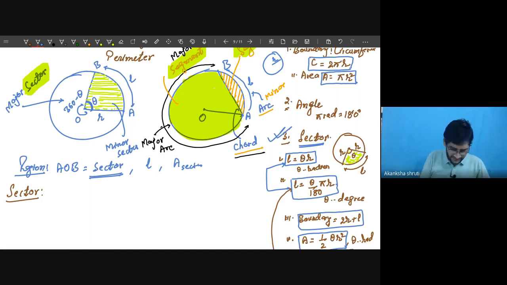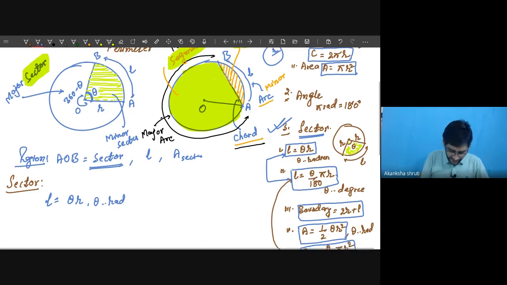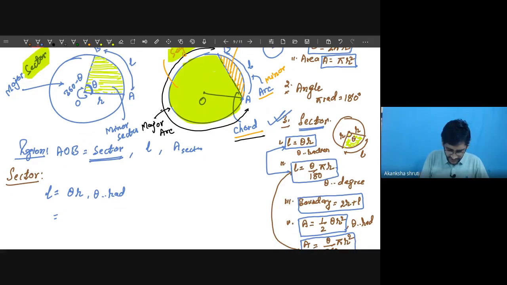So students, in this case, the arc length L for this sector we had calculated in terms of angle as theta into r in radian, or the same is also given by theta by 180 degree into pi r if this theta is in degree.